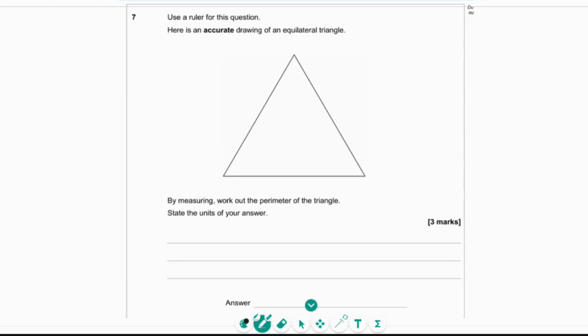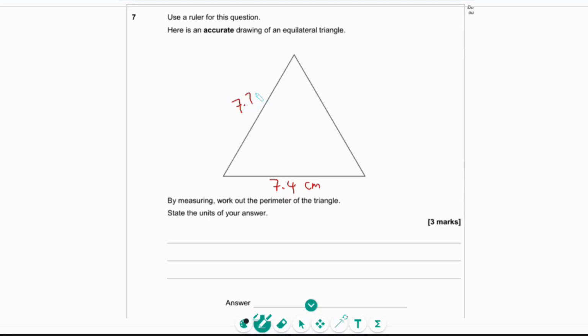Okay, next question. Use a ruler for this question. Here is an accurate drawing of an equilateral triangle. By measuring, work out the perimeter of the triangle, state the units. So I've enlarged this on the online whiteboard. If you've got the paper printed out, the measurement you would have measured is 7.4 centimetres.